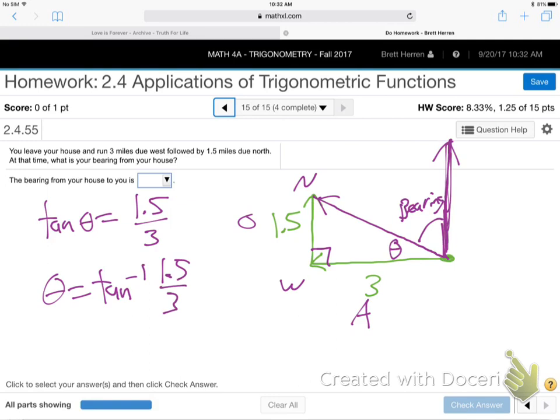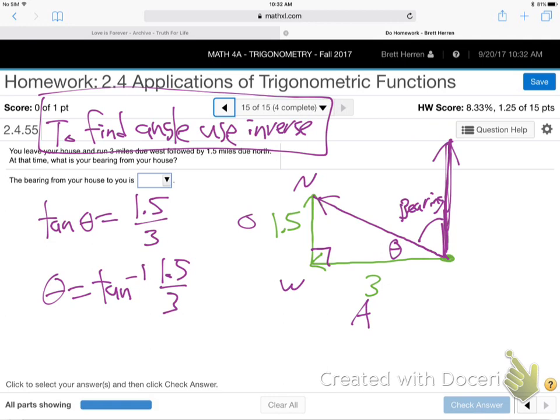Whenever you need to find an angle, use inverse sine, cosine, tangent, whatever. Why? Because the inverse of an answer equals an angle. Remember, inverse function switch? You put in an answer, you get out an angle. So whenever you're asked to find an angle, you got to do the inverse.